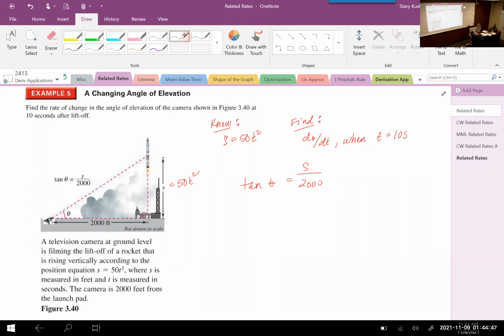So let's dive in and take the derivative. The derivative of tangent is secant squared.